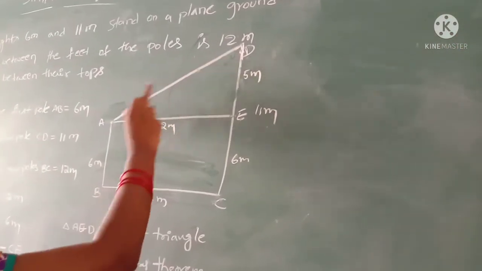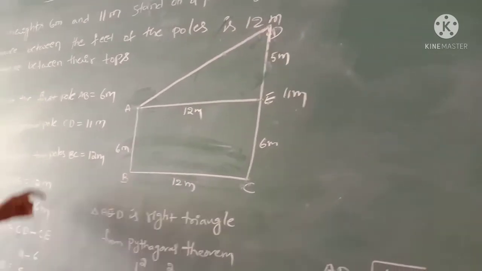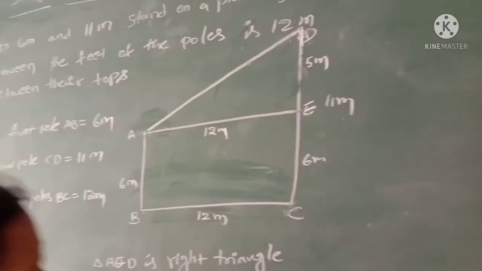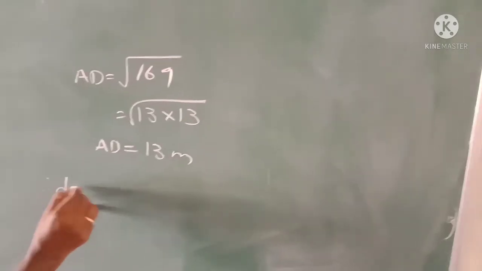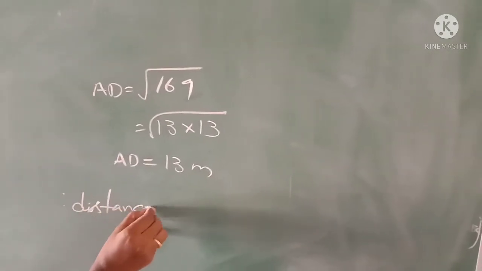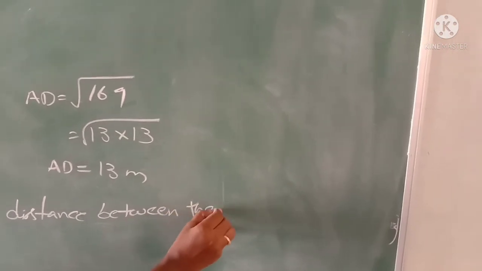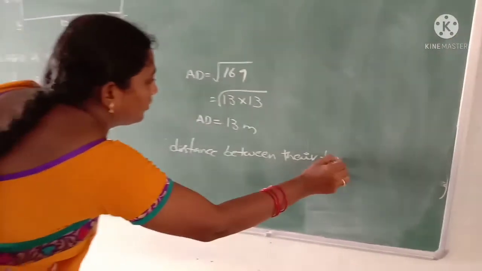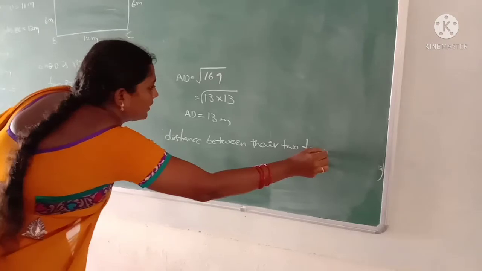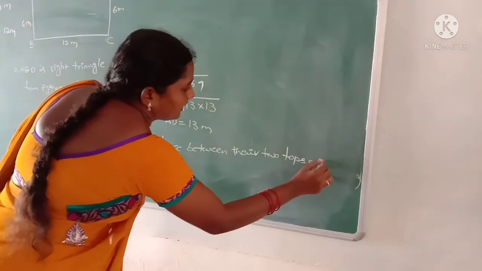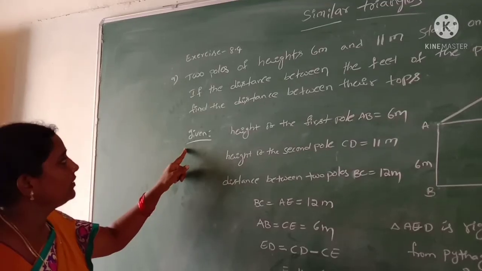Distance between the two tops. Therefore, distance between the two tops equal to 13 meters.